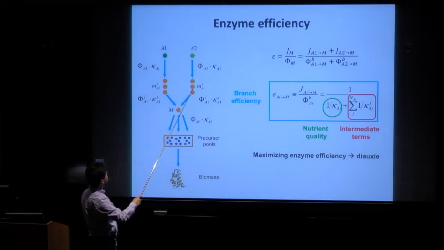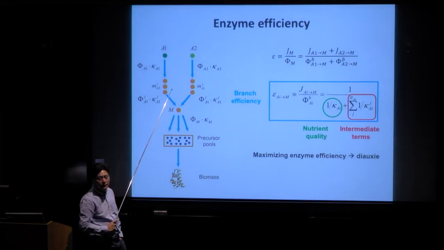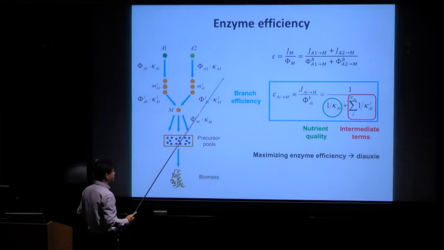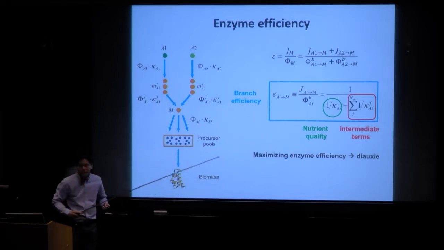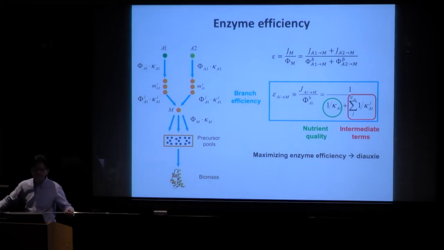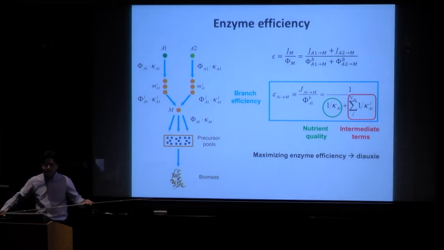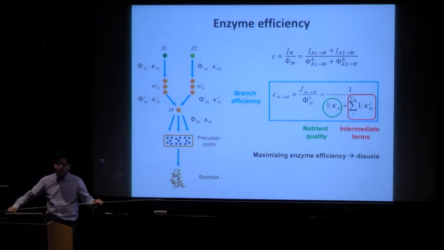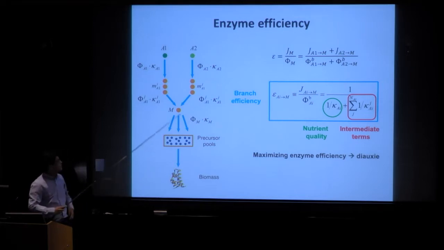You should devote all your resources, protein resources, to express enzymes in this branch. Okay, so very reasonable, right? Very, very simple, actually. I guess part of this is that you're assuming that downstream of M, there's no further memory of what the particular carbon source was. There is no further memory.